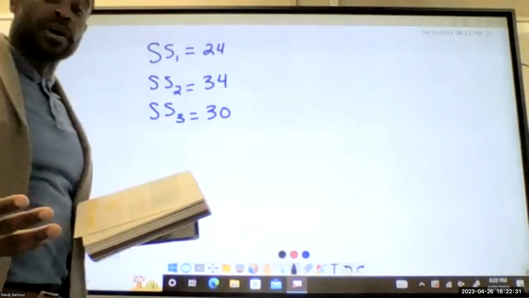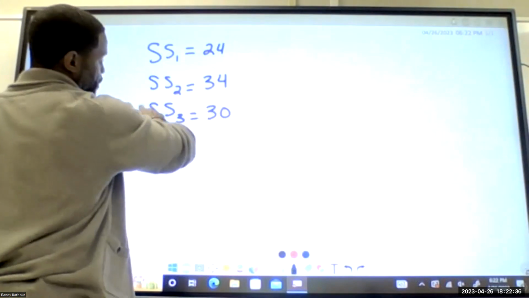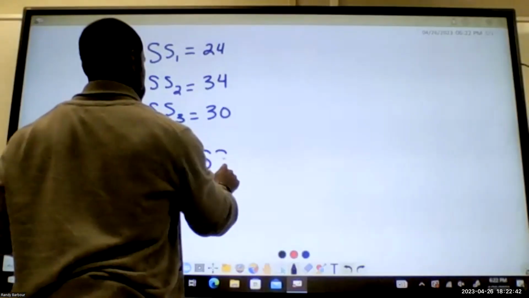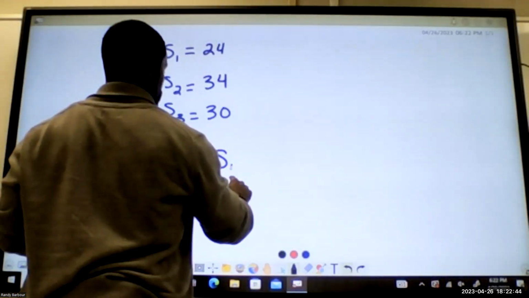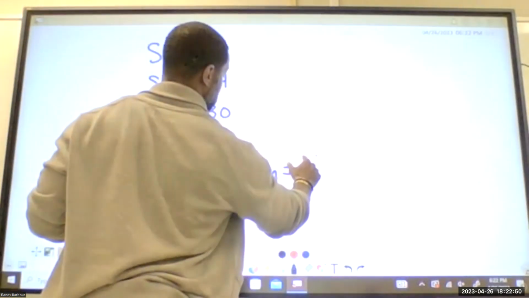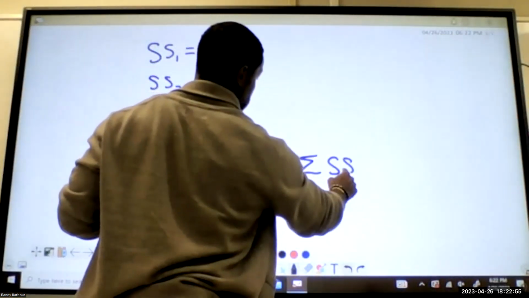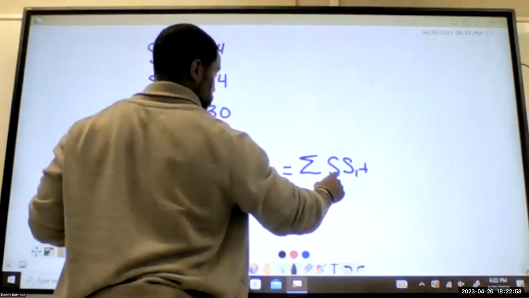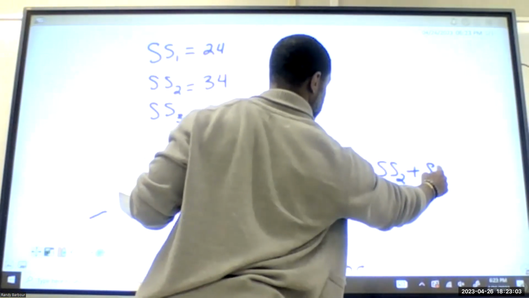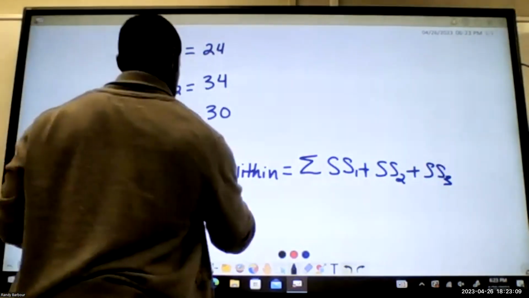So to calculate my sum of squares within, since all of these are within group sum of squares, all I have to do is take the sum of all of my sum of squares: SS1 plus SS2 plus SS3. And that is going to be sum of squares within.